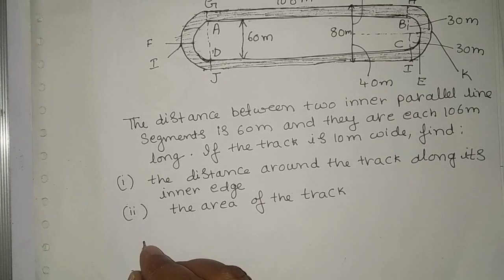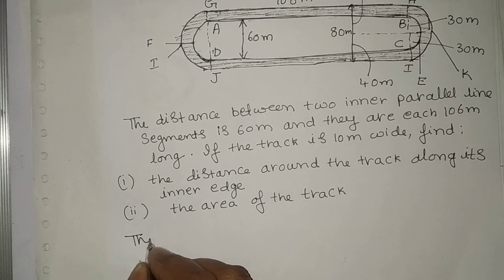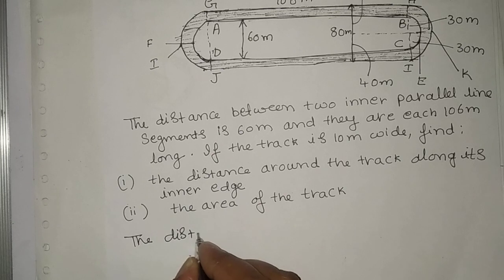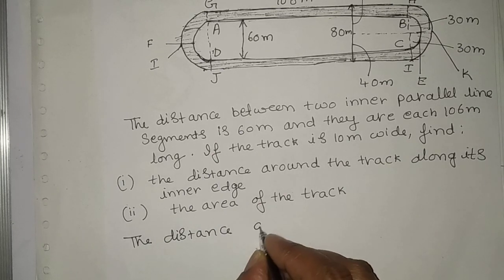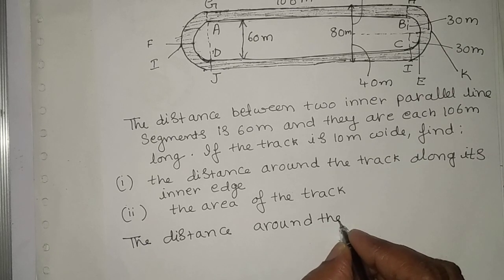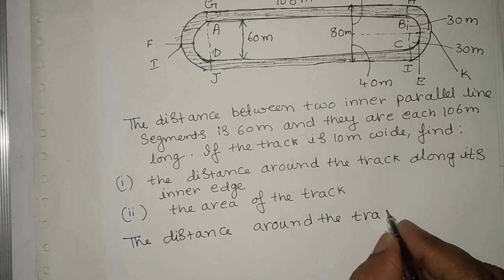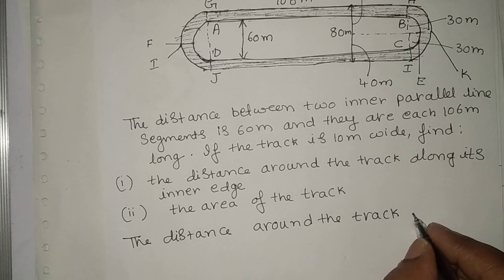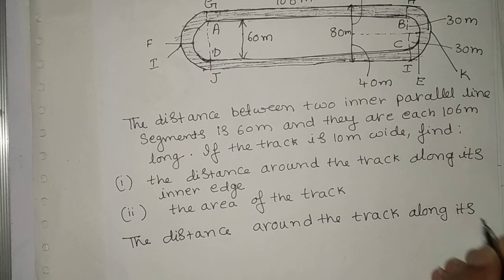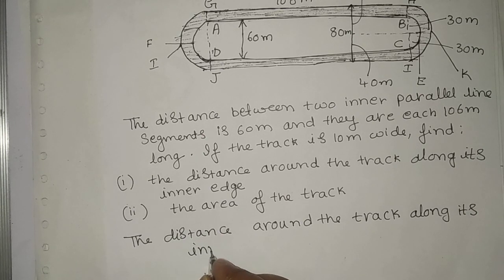The first part is the distance around the track along its inner edge.